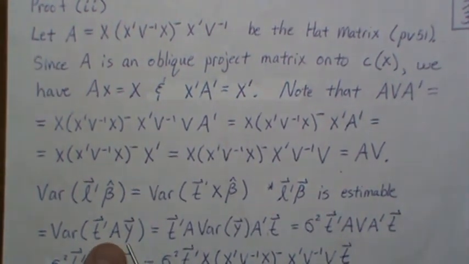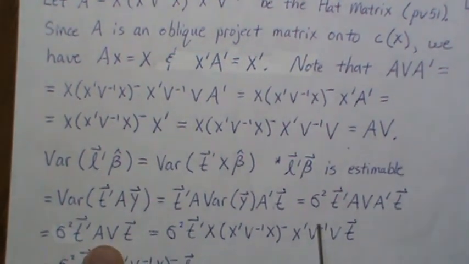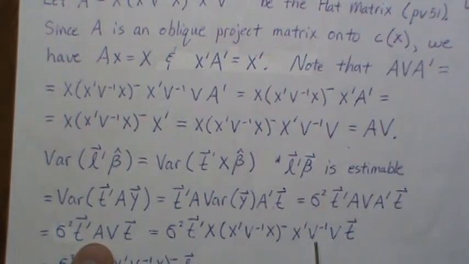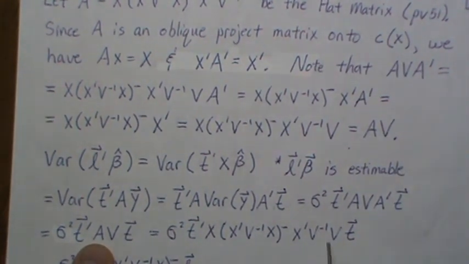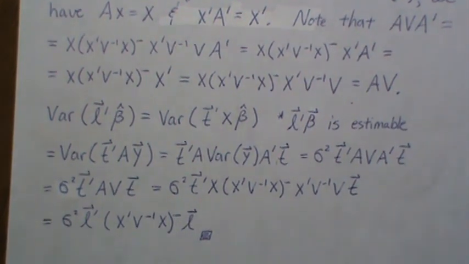So then we take this out front and then we transpose it out back. That's what we get here. And the variance of Y is sigma squared V. So the sigma squared comes out front, we have V. But we just showed that AVA transpose is just AV, which is this. Now if we expand what A is, which is this piece here, then the V's cancel, because it's the identity matrix. And then we're left with just this, the variance. And that's what we wanted to show.